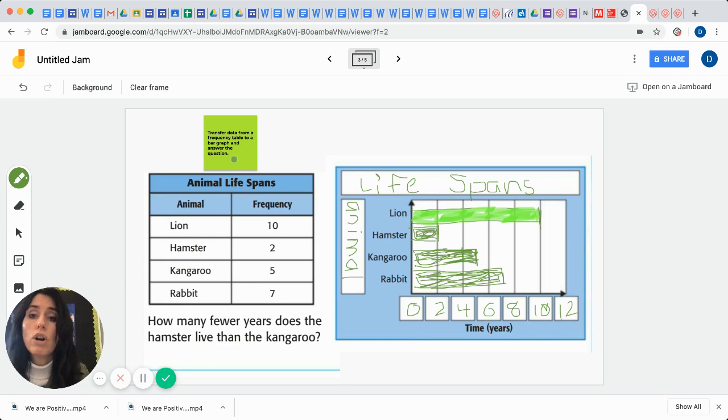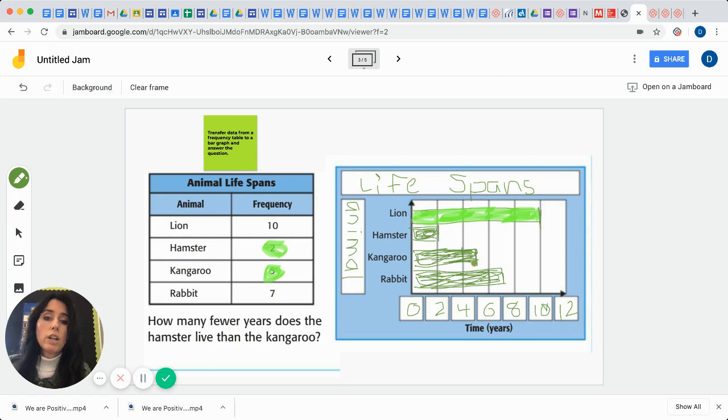Well, it says nope, because after that we're supposed to answer this question, and it's right here. How many fewer years does the hamster live than the kangaroo? Okay, so we need to now mark. We're going to be comparing two things, and so you can look at it here and mark this answer and compare this one to the kangaroo to answer this question.